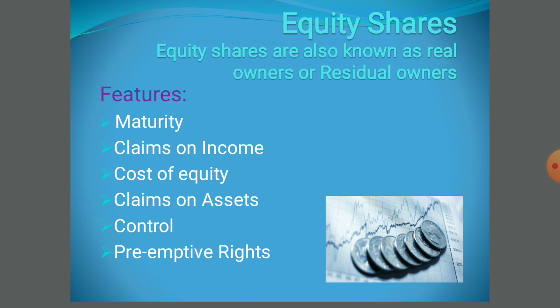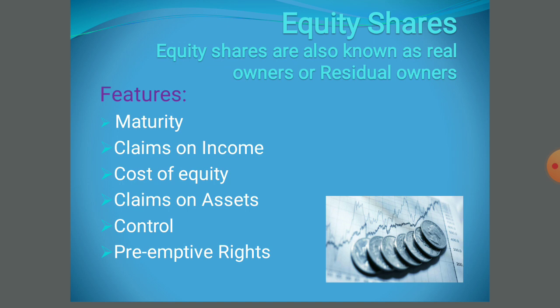Now what are preemptive rights? If the owner or a business person feels there is a need to raise more capital for the organization, firstly the owner would approach the existing shareholders for further investment.